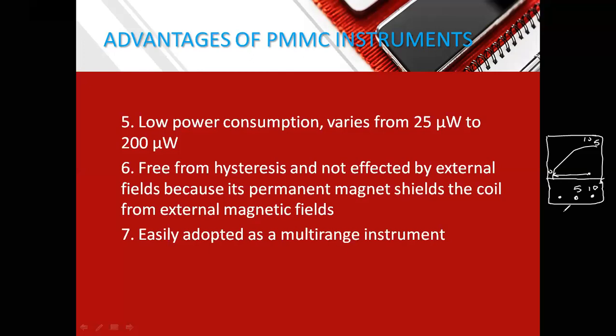If you want to increase the range, you just connect the terminals ground to 10. So this adaptability is easy when you consider PMMC because the scale is even. That is an added advantage. Because of that, we can have easy adoption of multi-range instruments here, just by connecting additional resistances separately.